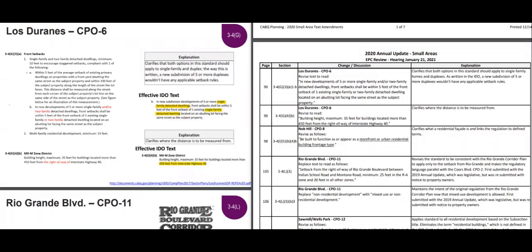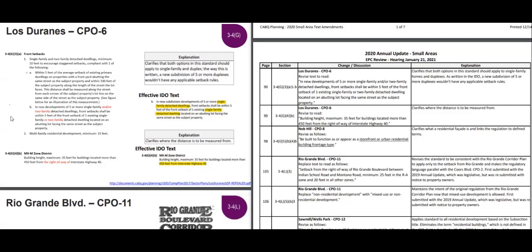So there's two changes proposed in the Los Terranes area. They're both shown on the IDO on page 90. The first one is section 34GE3A1B. And that's shown over here. It's related to front setbacks.